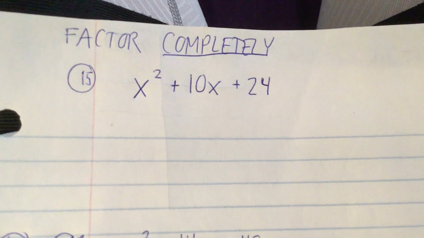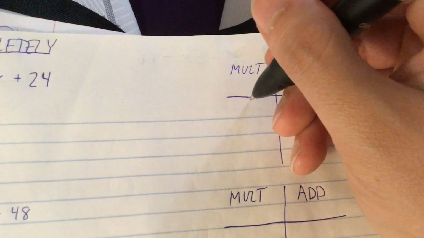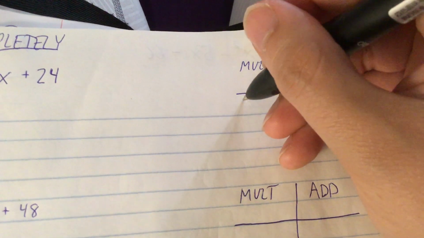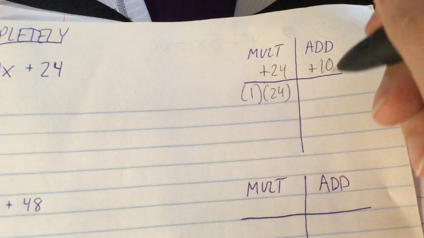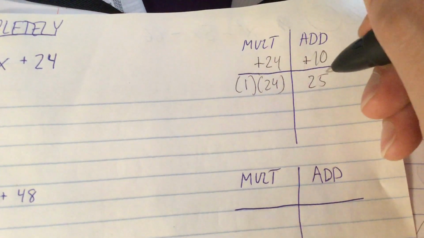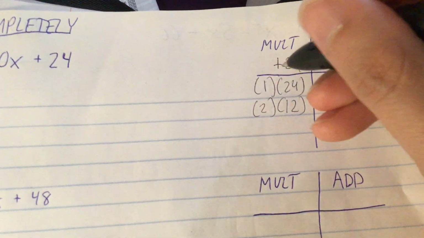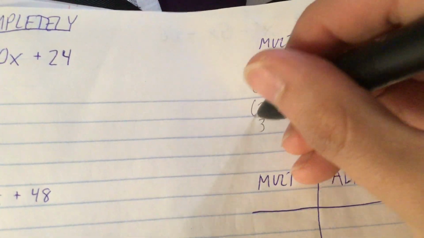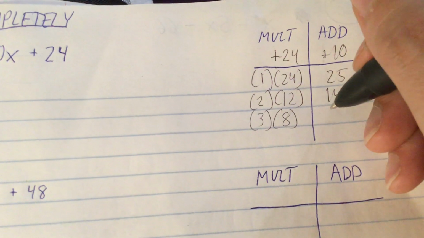x squared plus 10x plus 24. Can I factor anything out? No. I'm looking for two numbers that multiply to positive 24 and add to positive 10. 1 and 24. 1 times 24 is 24. 1 plus 24 is 25. 2 and 12. 2 times 12 is 24. 2 plus 12 is 14. 3 and 8. 3 times 8 is 24. 3 plus 8 is 11.